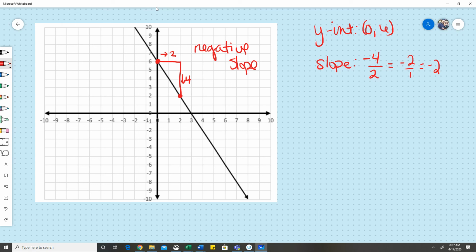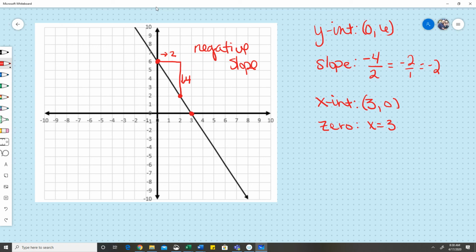Now my x-intercept is right here at (3, 0). So my zero is at x equals 3. Now to find my slope, it does not matter which of these points I picked. Any nice point on the line we could have used.